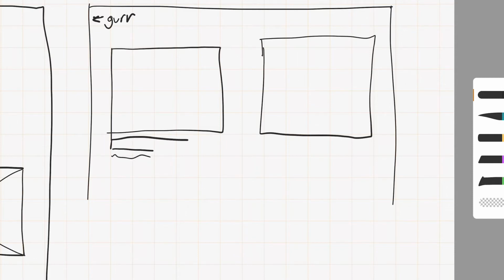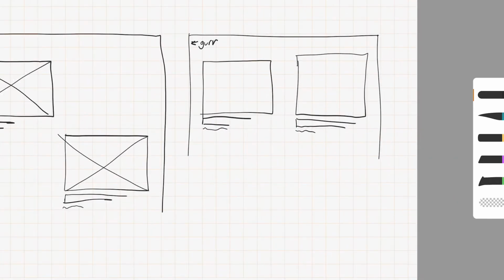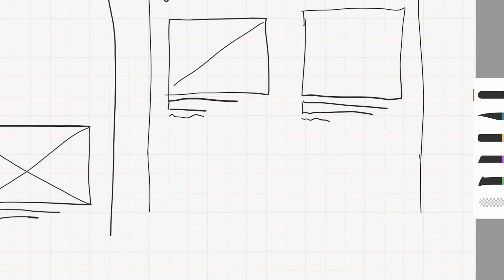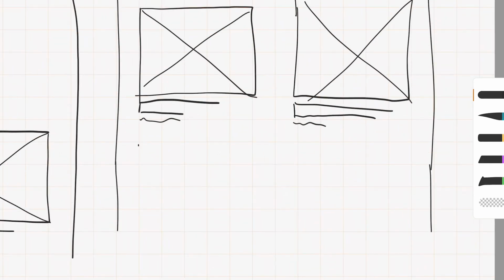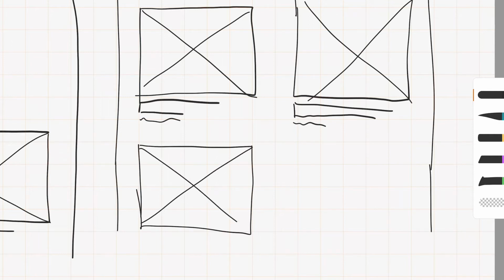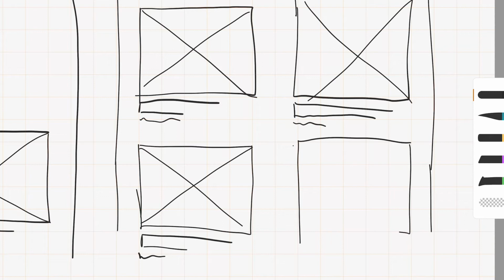So we got this, got the header, and a little metadata there. Bring it down. And then we could just repeat that essentially and just go like this. So again, I'm not worried about making this look all nice and having straight lines. This is really just to get some ideas out of my head and onto the paper.